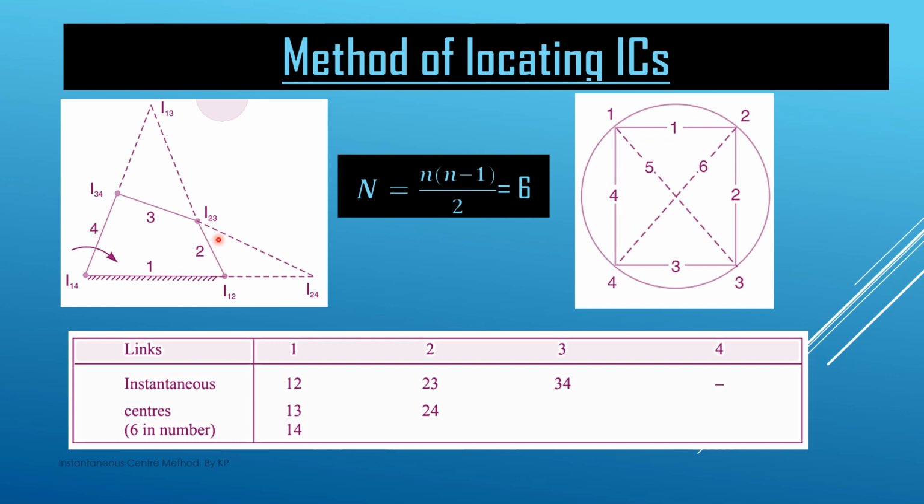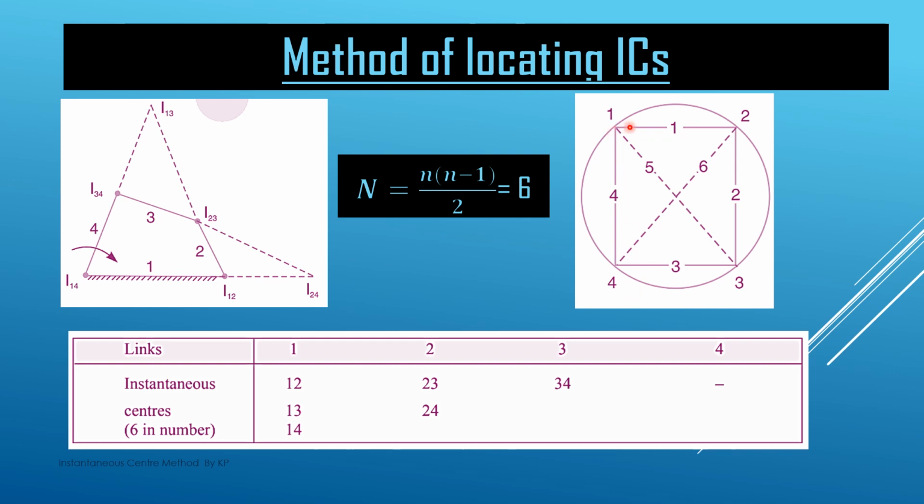Now, how do we locate these ICs? We use a circle method. There are 4 links, so we mark 4 points on the periphery of a circle. This is point number 1, this is point number 2, this is point number 3, and this is point number 4. The line joining 1 to 2 represents I12. Similarly, the line joining 2 to 3 represents I23, then I34, and then I14.